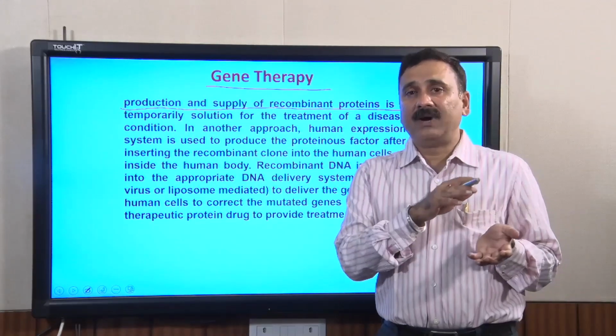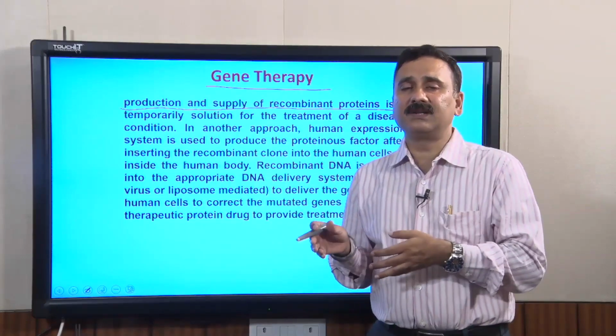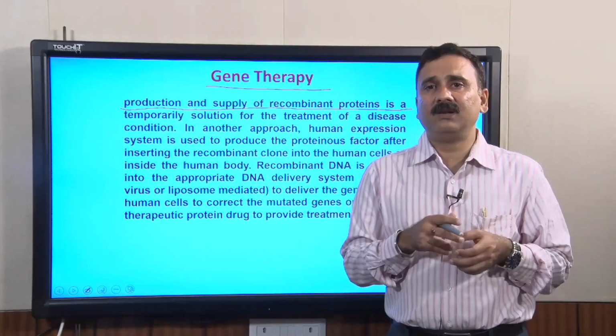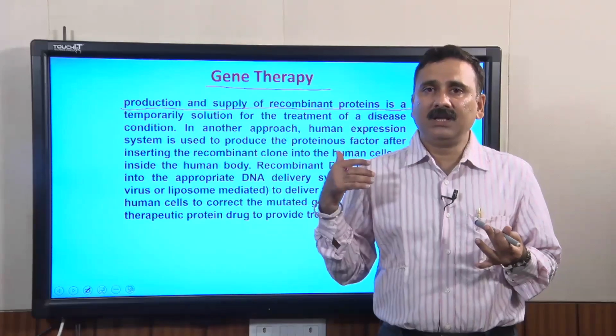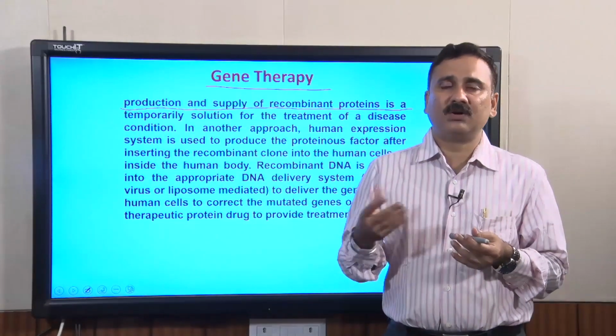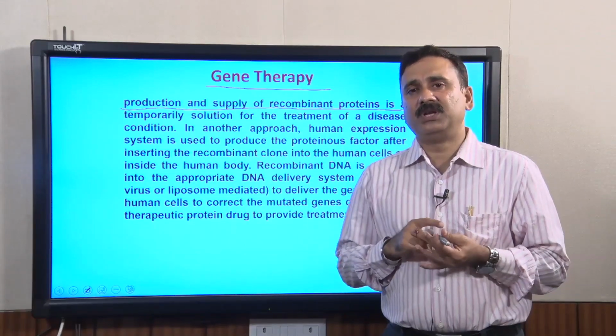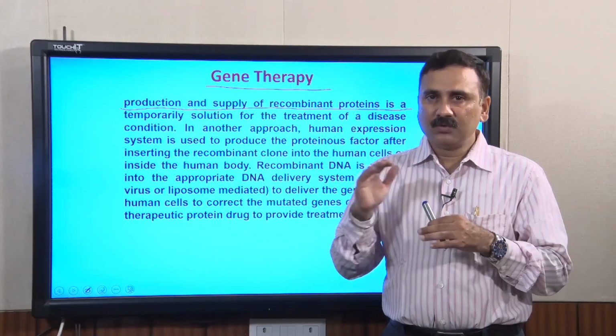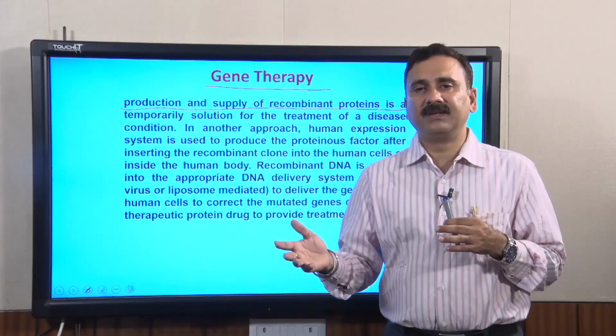On the other hand, you might have to carry these drugs along with you all the time, because if there is a requirement you have to take these proteinaceous factors to execute the processes.